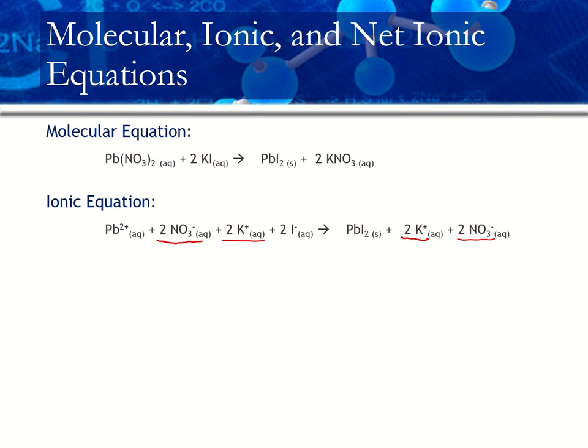We call those spectator ions. Those are ions that essentially do nothing in the reaction. They're just standing around watching the action. They're not involved in what's taking place to make this a reaction. Okay? So what I've underlined are the spectator ions in this particular reaction.